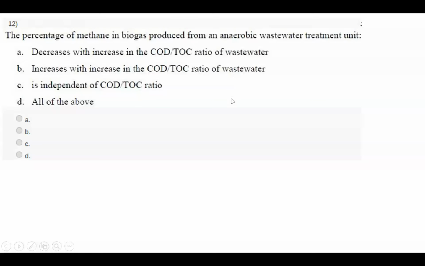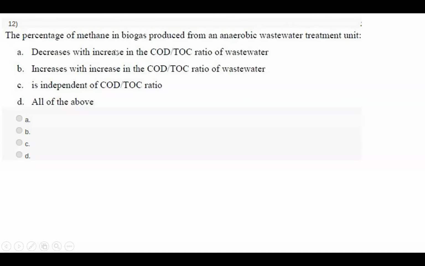So, what is TOC? And what is COD? Chemical oxygen demand, right? So what is happening here?